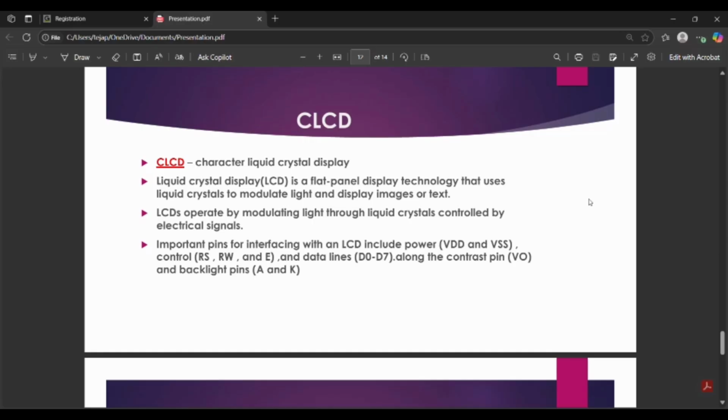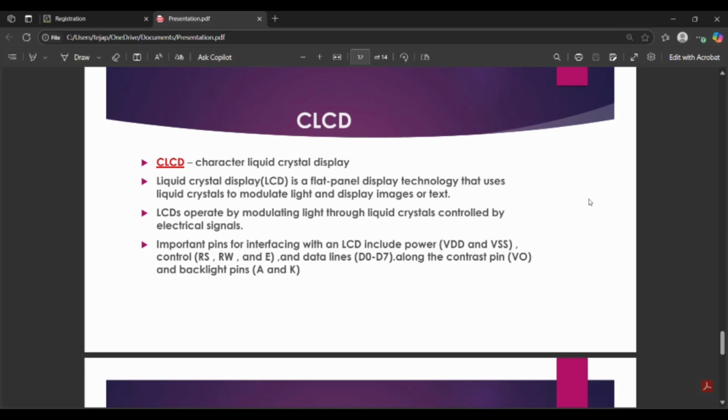Important pins for interfacing with an LCD include power pins VDD and VSS. VDD means voltage drain, VSS means source, and it is connected to the ground.